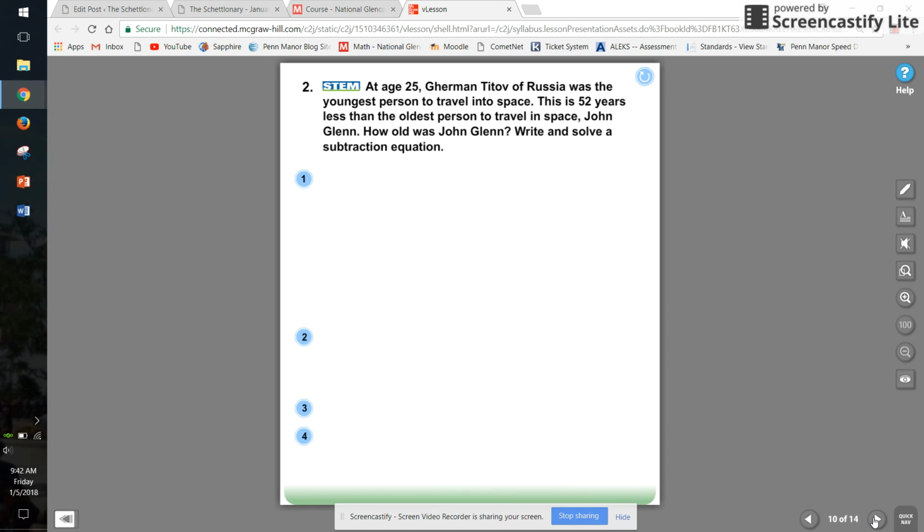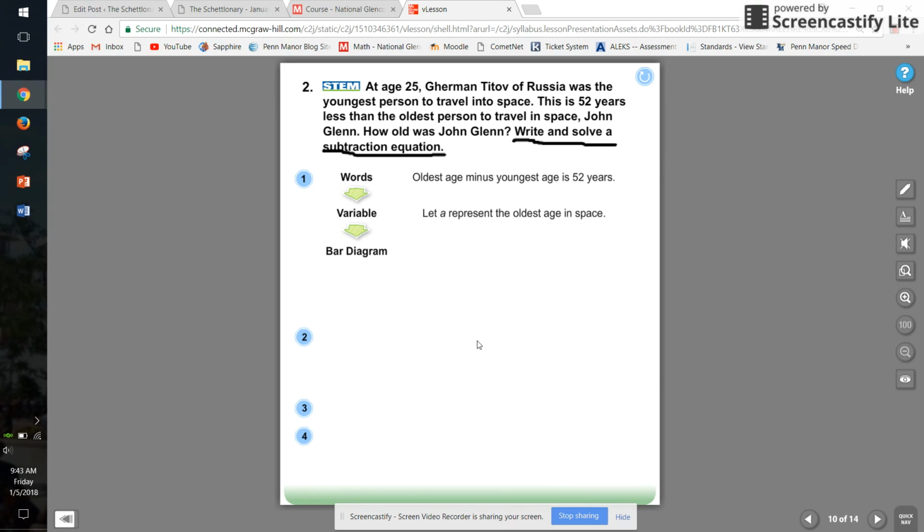Now, most of us would probably look at that initially and say, if I just added those two numbers together, I get the answer. The problem for us is right here: write and solve a subtraction equation. That's very algebraic. Okay, how are we going to go about doing that? Well, first of all, let's take a look at the numbers and words that really matter. Oldest age minus youngest age is 52 years old. For a variable, we could say it's A, but if you prefer x, or G for Glenn, whatever you want, that would work.